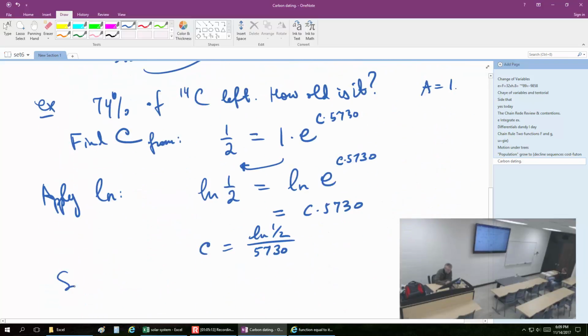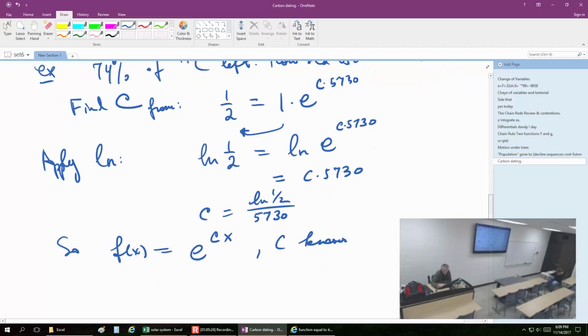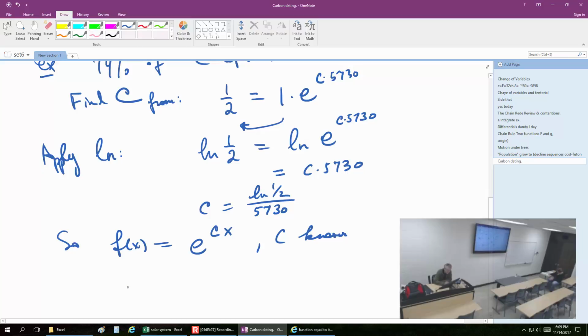So f(x) is equal to e^(Cx) with C known. If we are left with 74%, then we have e^(Cx) equal to 0.74, where x is unknown. We had 1, the initial amount, and we're left with 0.74 over the time x that is unknown. It is exactly what we're supposed to find, the value of x.